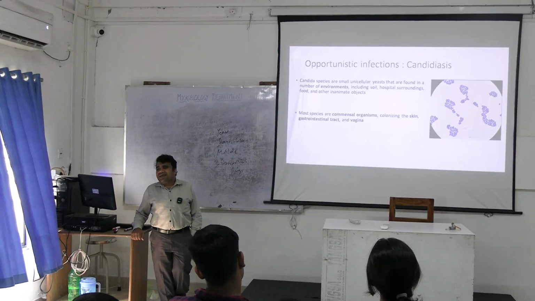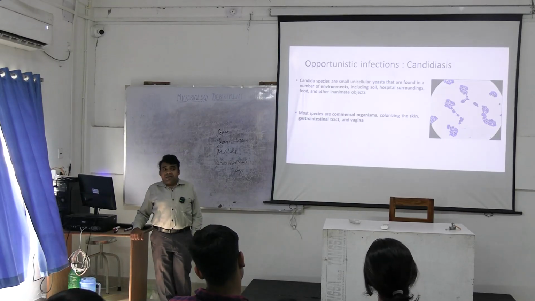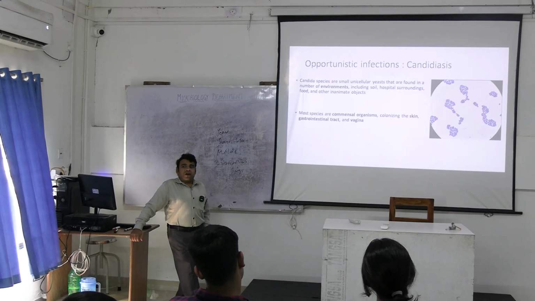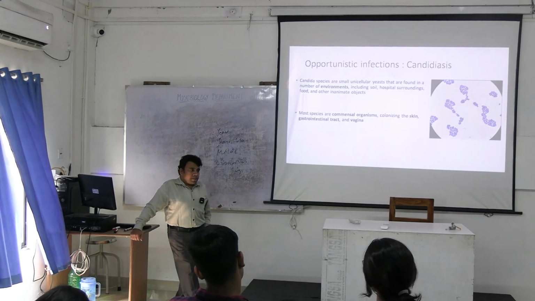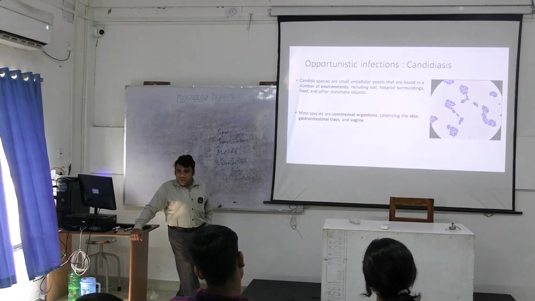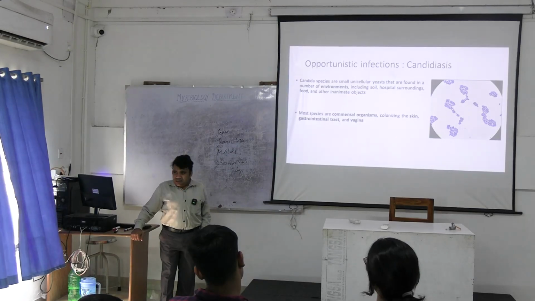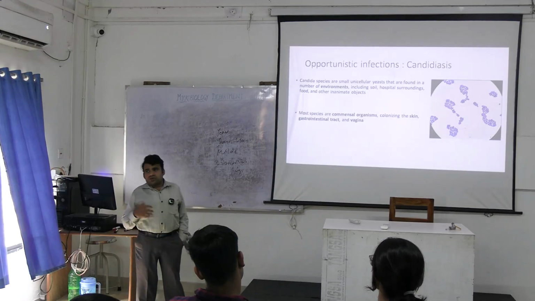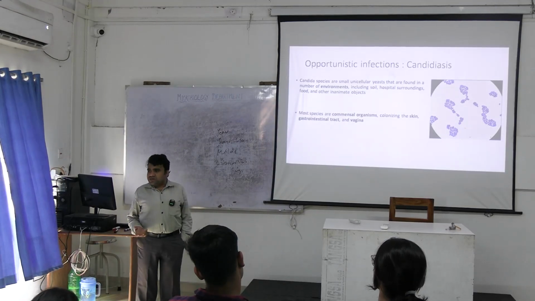Now what is Candida? Candida is a yeast-like fungus, and it is also a part of the normal human microbiota. Normal human microbiota means that on the human body there are many organisms, bacteria and fungi. They are present on the skin surface and also on the mucosal surfaces.